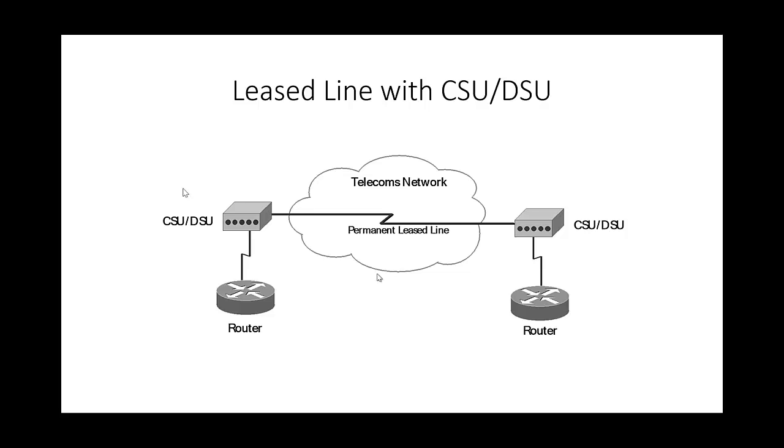And so this marks the extent of the service provider's responsibility for the service. The cabling between the demarc and the DSU-CSU is often called the extended demarc. The CSU-DSU belongs to the service provider and is often referred to as the customer premises equipment.